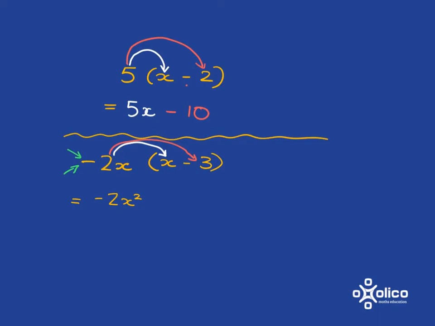Now this is where we take note of the negative. You've got the negative and it's going to multiply with a negative, and so it is going to become positive. And then you've got 2 multiplied with 3, and you've got the x still.